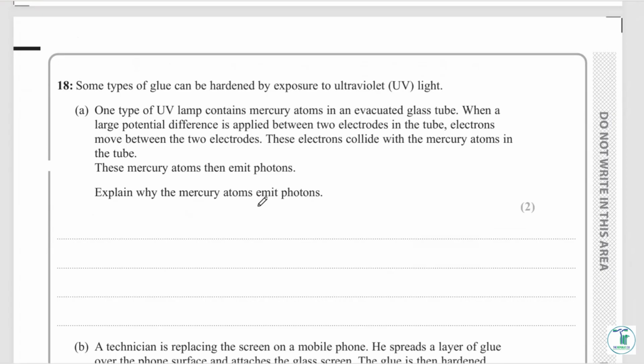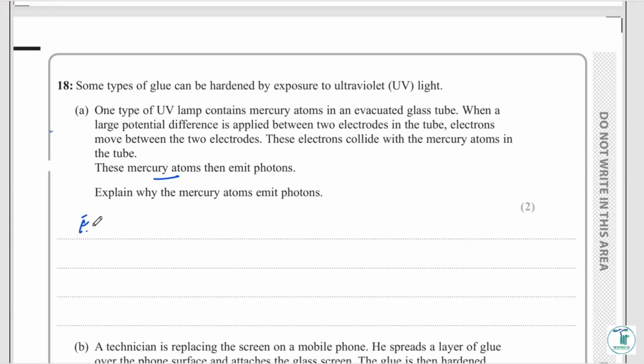So remember that when you bombard the mercury atoms, the mercury atoms emit photons, right? When you bombard the mercury atoms with electrons, the electrons in the mercury atom would get excited, right? And when they de-excite themselves, they would be emitting photons, right?